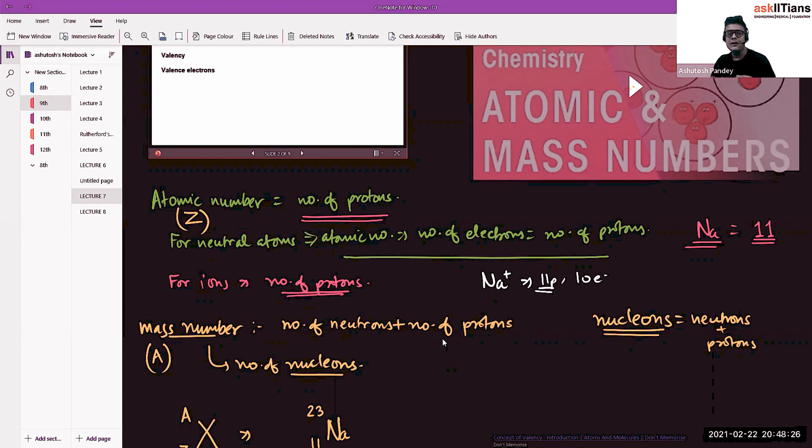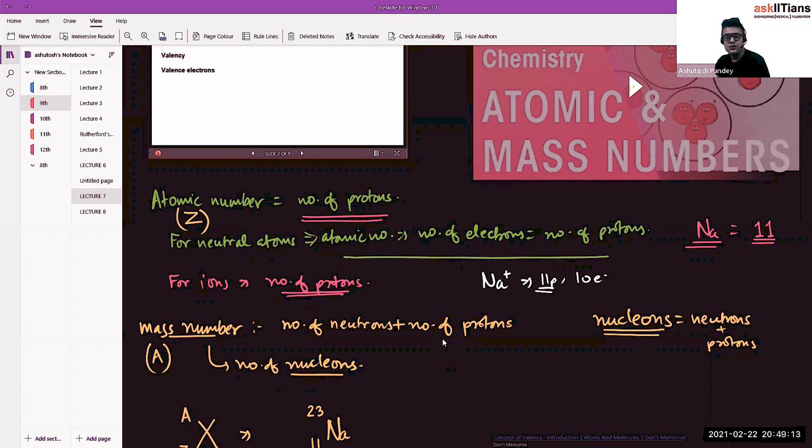We already discussed it: the mass of a proton is about 2000 times heavier as compared to an electron, and that's why we neglect the mass of electron when taking neutrons and protons mass into consideration. These subatomic particles are responsible for whatever mass the atom has, so collectively the number of neutrons and number of protons we call the mass number of the atom.